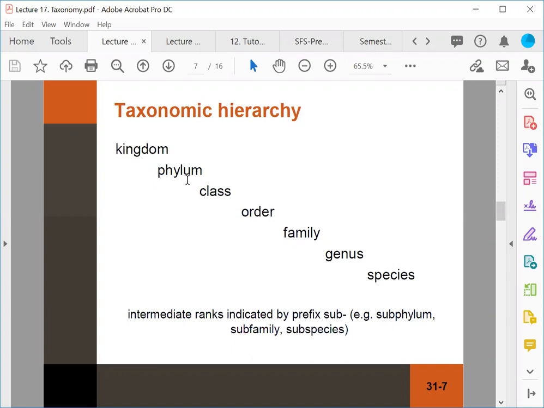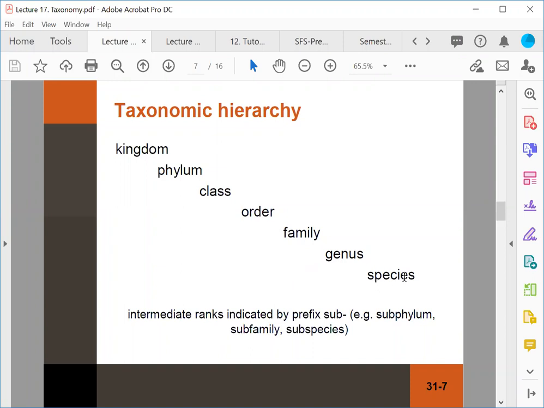Then under phylum, we have class, then order, family, genus, and then finally species. There are some intermediate levels here, and they're indicated by the prefix sub, so subphylum, subfamily, subspecies.